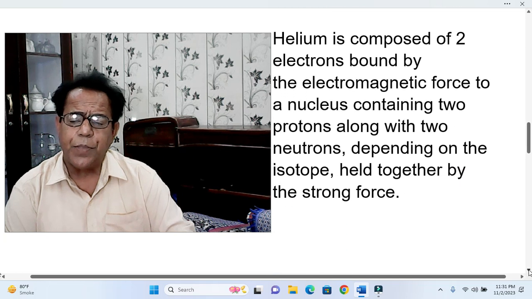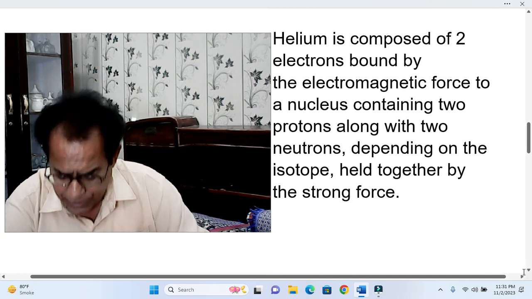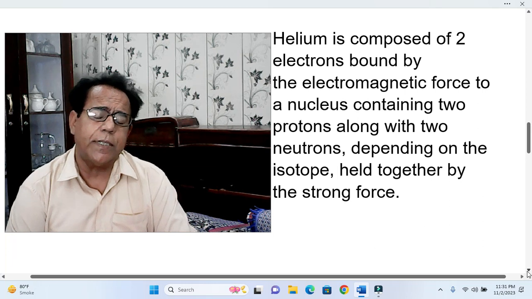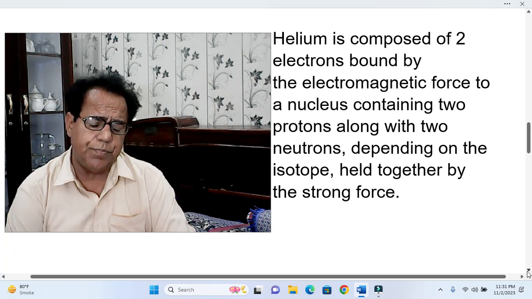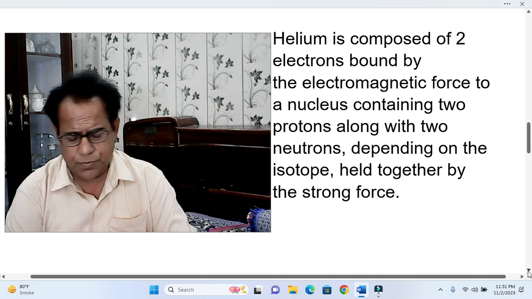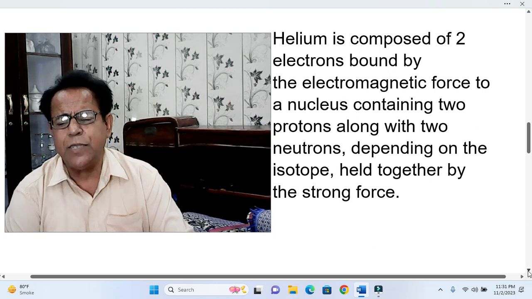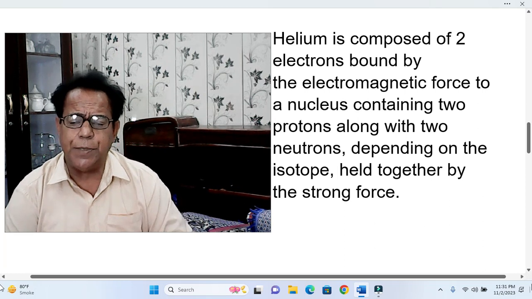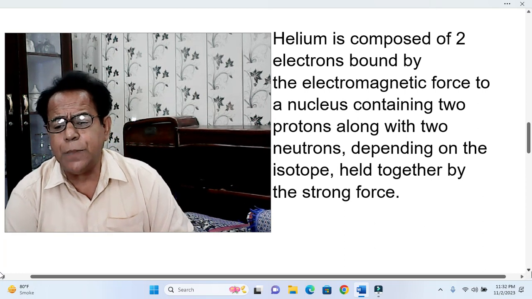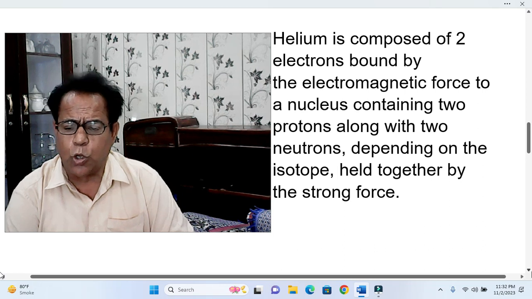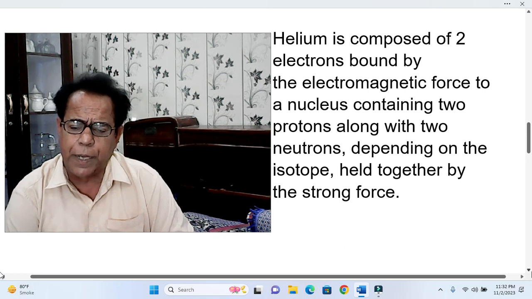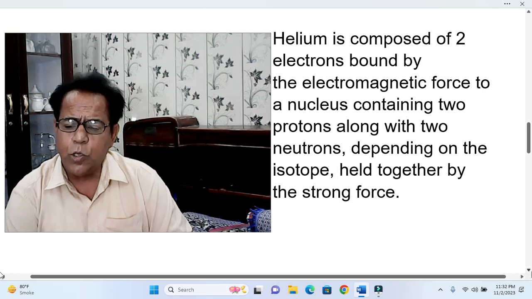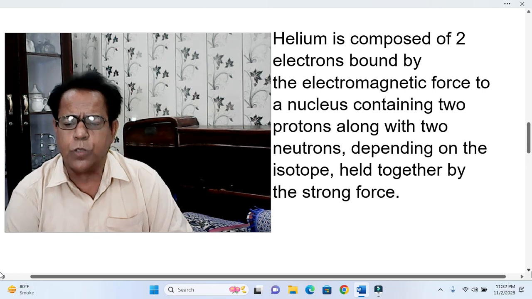Now next to this there is some introduction, some basic knowledge about helium. This has been selected from Wikipedia. Helium is composed of two electrons bound by the electromagnetic force to a nucleus containing two protons along with two neutrons, depending on the isotope, held together by the strong force.